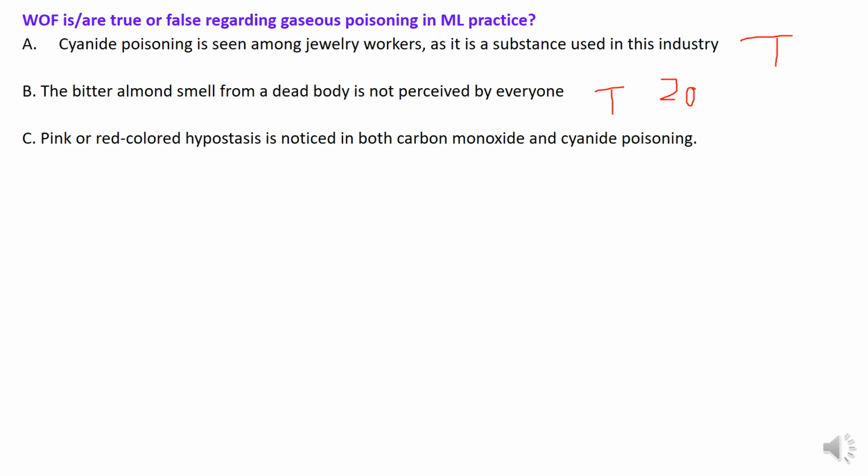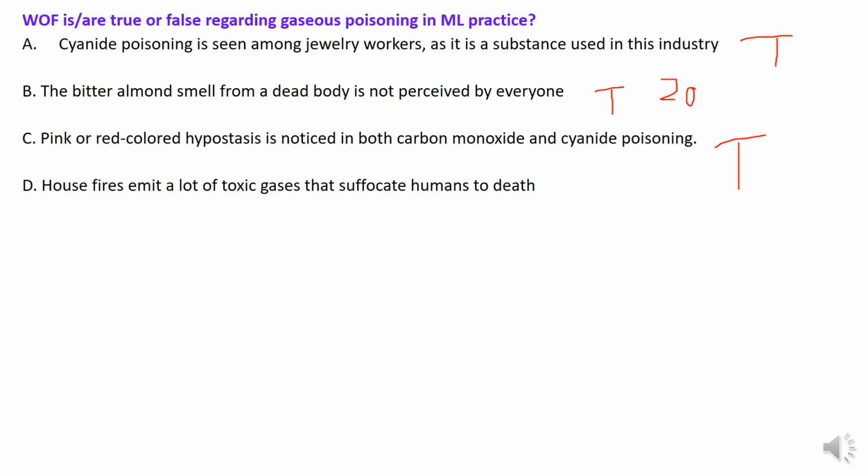Pink or red colored hypostasis is noticed in both carbon monoxide and cyanide poisoning. Yes, true. Usually we are not going to essentially say cherry pink for carbon monoxide and brick red for cyanide, right? So as a blanket cover, we usually say pink or red colored hypostasis, right?